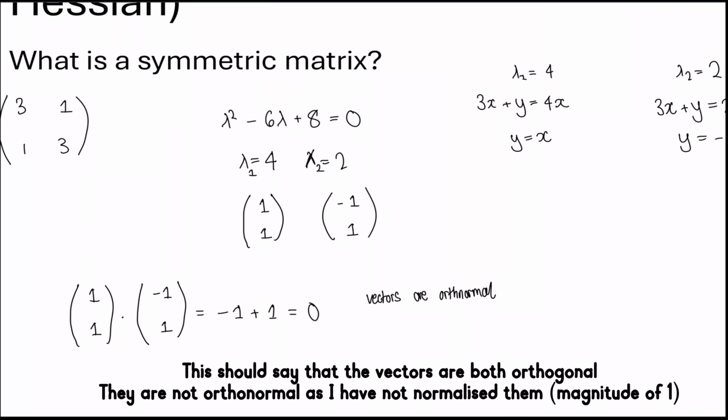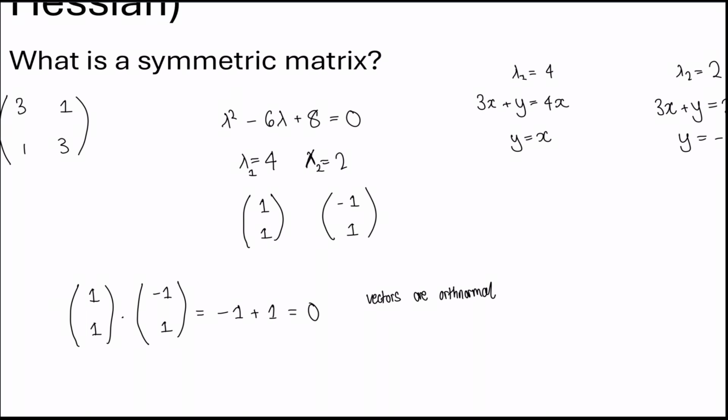Cool. Another thing that we can say about these vectors is that they are also linearly independent. That is because if we have some value, let's call it alpha 1, multiplied by our vector 1, 1, plus alpha 2 multiplied by our vector minus 1, 1, and we equate this to 0, to test if these two vectors are linearly independent, it means that the only solution which can exist should be when alpha 1 and 2 are equal to 0.